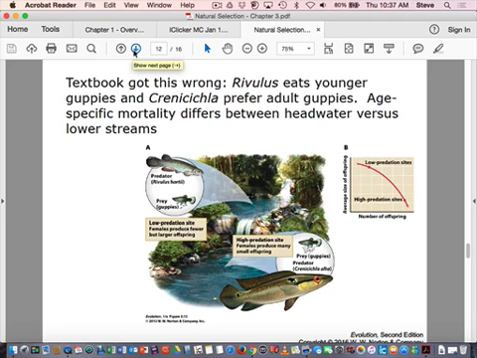In the upper elevations, you find a different predator. Guppies are all over, right? But this predator up here, Rivulus, is smaller, and it lives up there. So they got this kind of wrong. These populations they call low predation sites. That's not necessarily true. This predator is there, and it's not as voracious, not as nasty as the cichlid, but it still eats things, don't get me wrong.